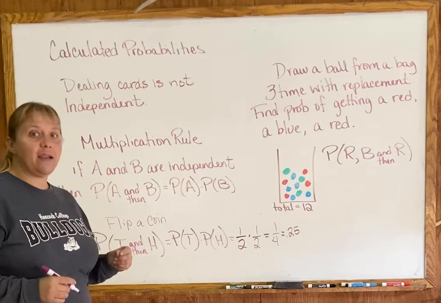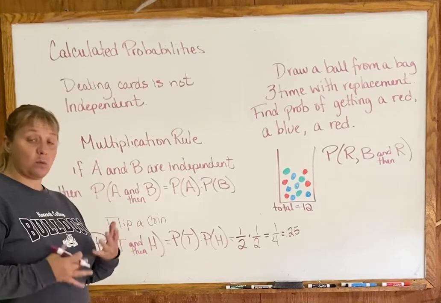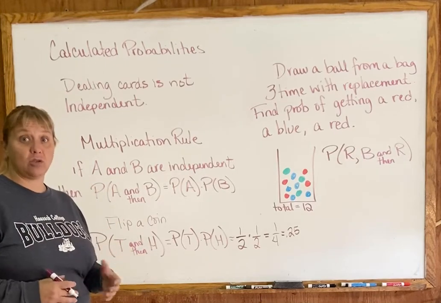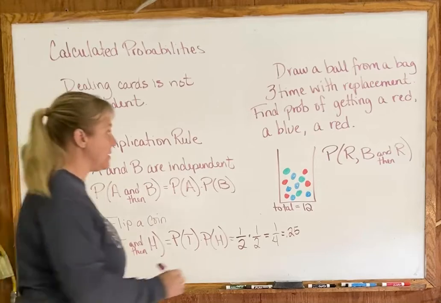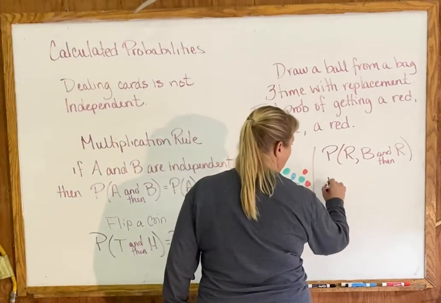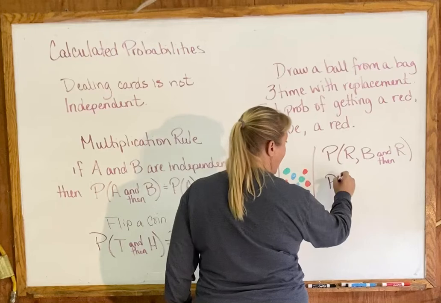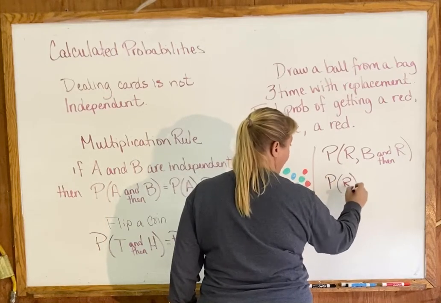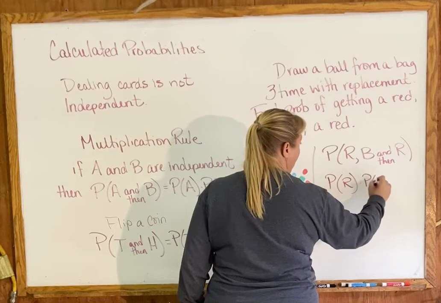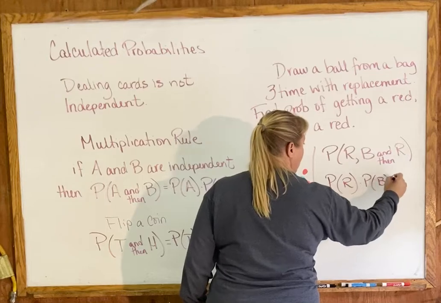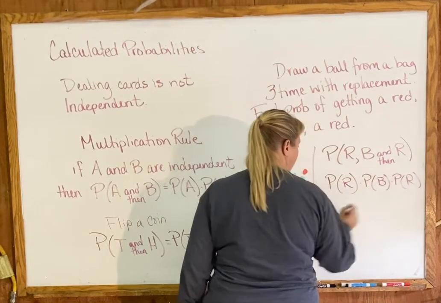So because of that, it means that things are independent. The probability should not change. There's always the 12 balls. So if we want the probability of red, blue, and then red, then we can find the probability of red times the probability of blue times the probability of red.